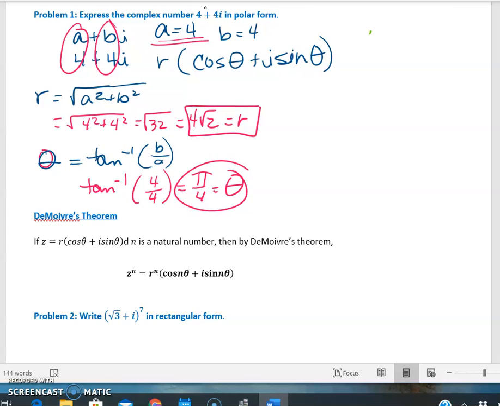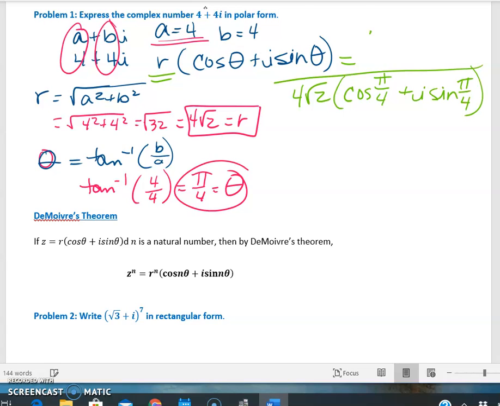And I'm going to get r, which is 4 square root of 2 times cosine of pi over 4 plus i sine of pi over 4. And there's my polar form right there.